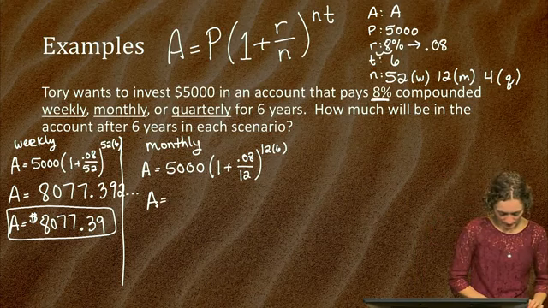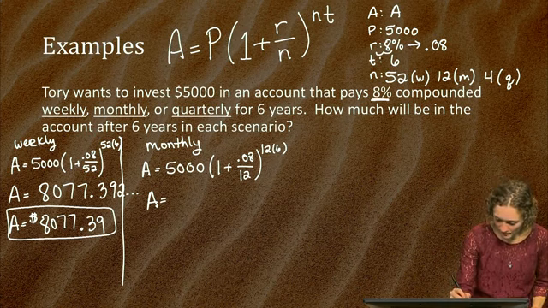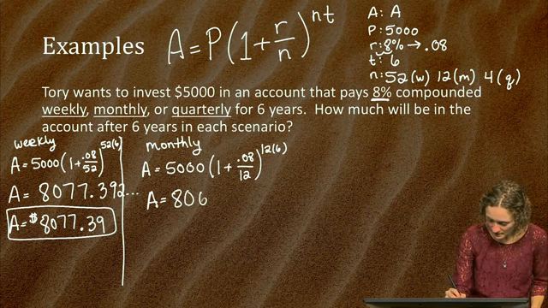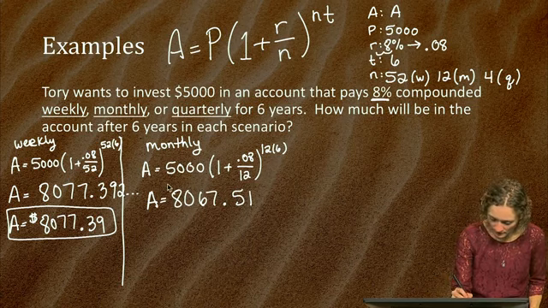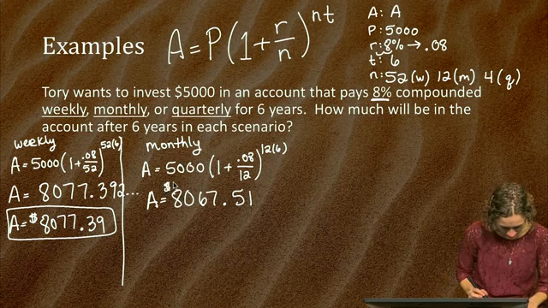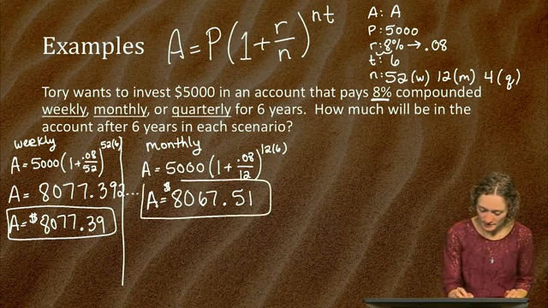Let me get this answer and then we'll take a look at that. To the 12 times 6. All right, looks like I get 8,067.51. Looks good. That's rounded to 2 decimal places.